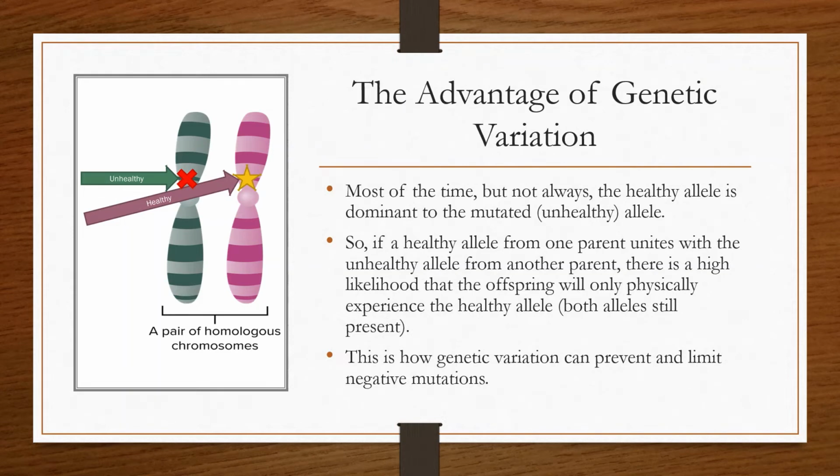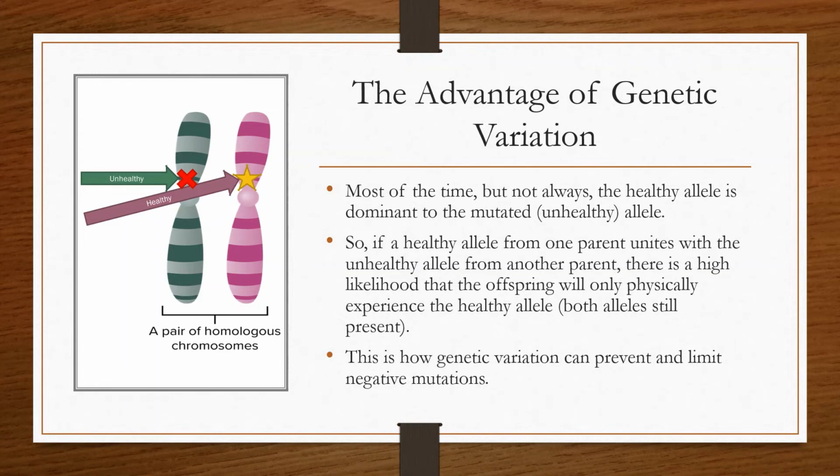And we can see here, for example, let's say the mother had the healthy allele and the father didn't. When they come together, you still only experience the healthy version of that gene. So this is how genetic variation can prevent and limit negative mutations. With asexual organisms, they just keep accumulating mutations more and more over time.